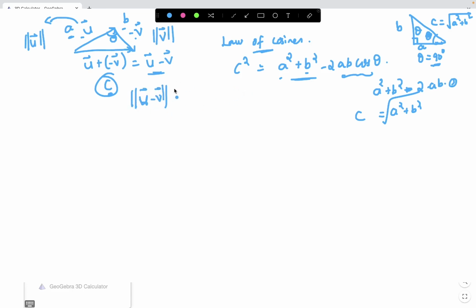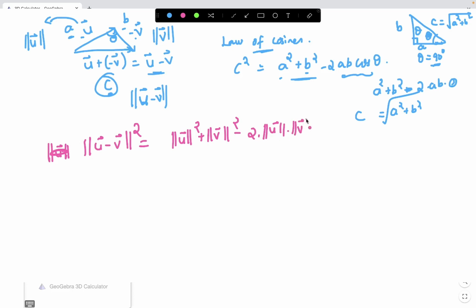Let's substitute all of these in the law of cosines formula, which will be nothing but u minus v whole square is equal to u square plus v square minus 2 multiplied by the magnitude of u, the magnitude of v, and cos theta.